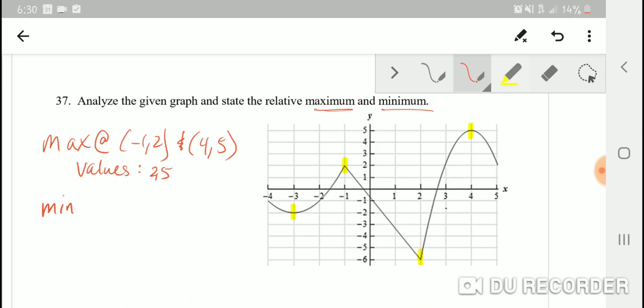You have minimums at -3, -2, and let's see, 2, -6. So you have minimum values at -2 and -6. So your highest values are 2 and 5. Your lowest values are -2 and -6.